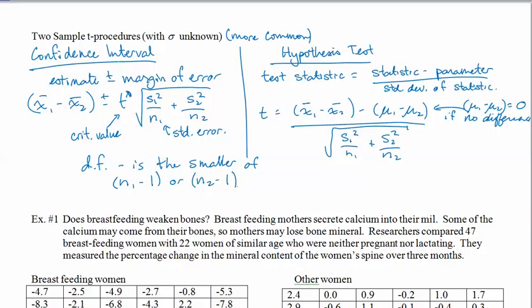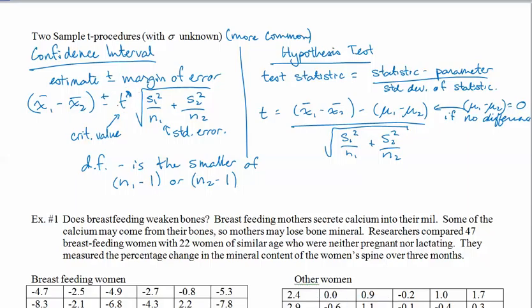And that is so that we use more conservative results and reduce our chances of Type 1 errors in hypothesis testing. Your calculators actually use a complicated formula, which we won't get into, to provide a more accurate result for the degrees of freedom.